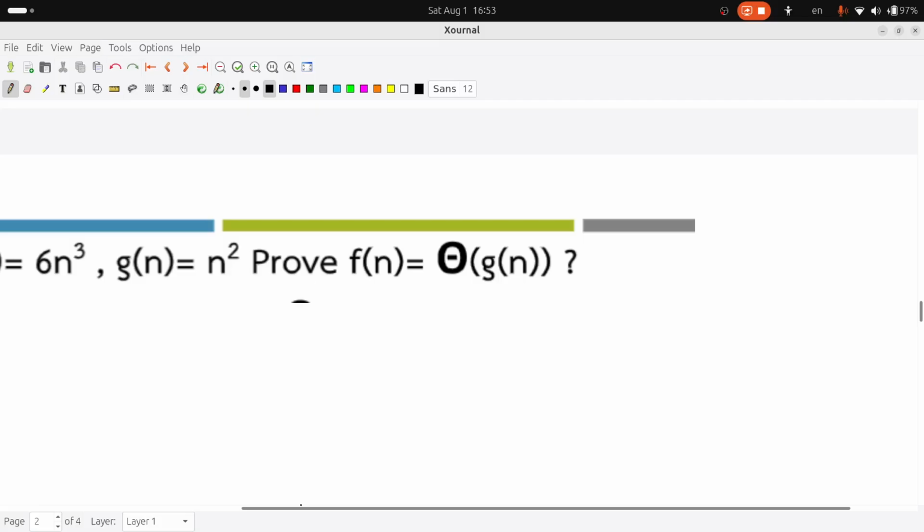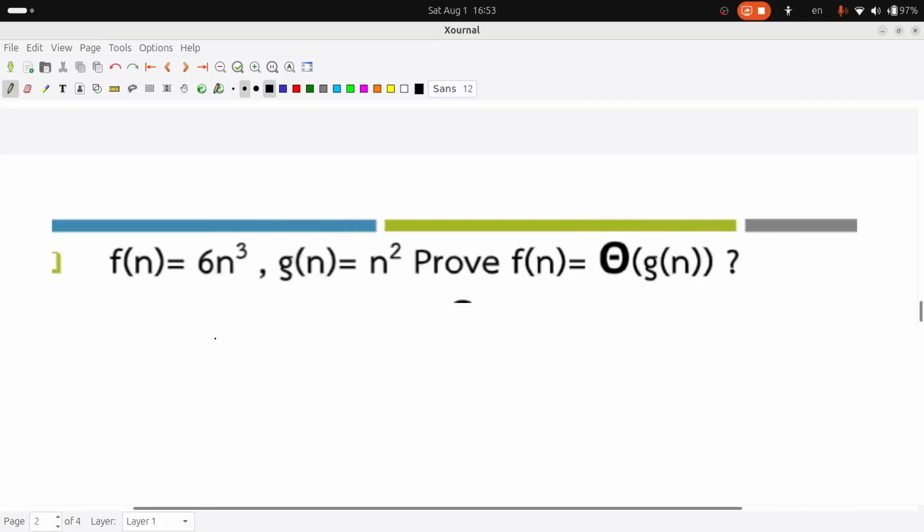Okay, so the next problem is function fn is 6n cubed, n to the power of 3, and the gn is n squared. We need to prove that fn is theta of gn or not.